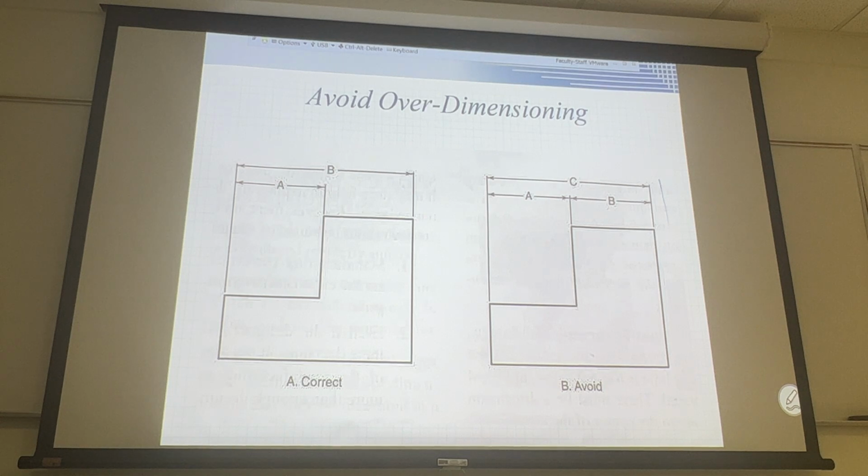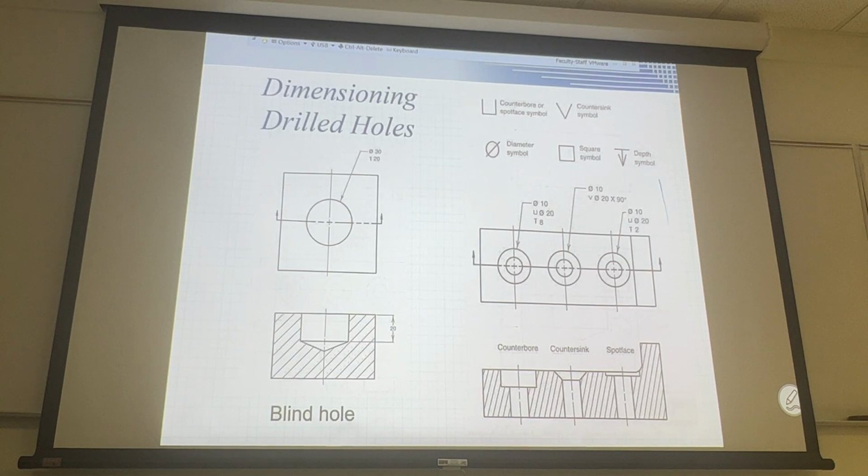Right? Sometimes you put the width in the front view, and the same width you put in the top view. Then it is not good. Hole. Holes, we will learn how to get the notation automatically. Right? And counterbore hole, and a countersink hole.